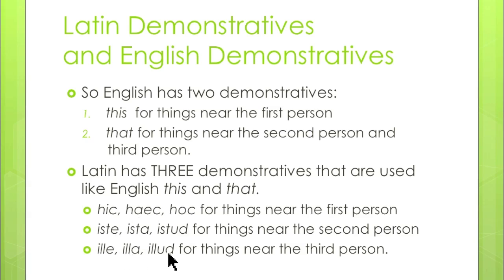Ille, illa, illud, which we have met before, is for things near the third person. However, Latin has an additional demonstrative, iste, ista, istud, which is for things near the second person. Let's see how this works.